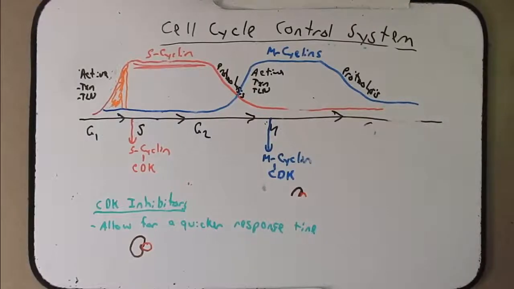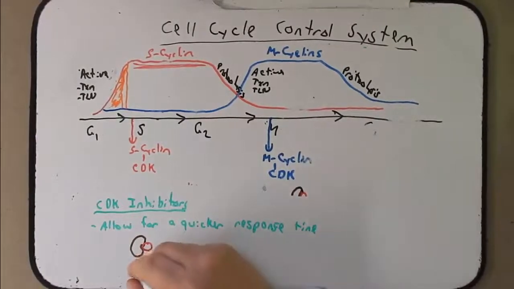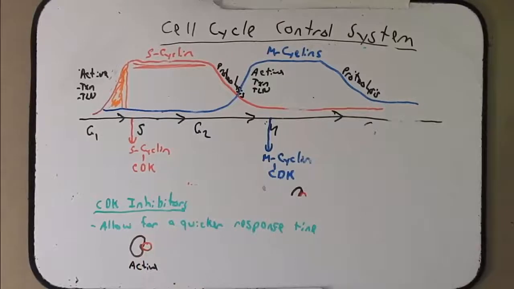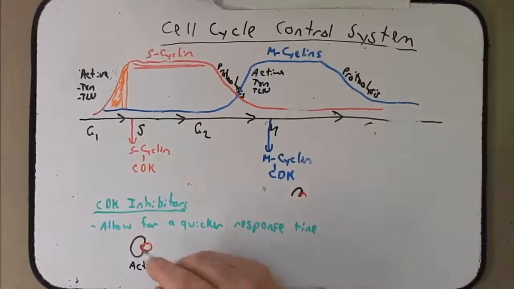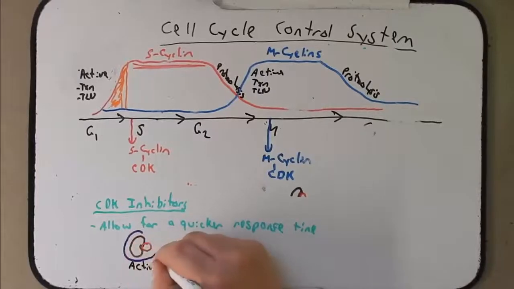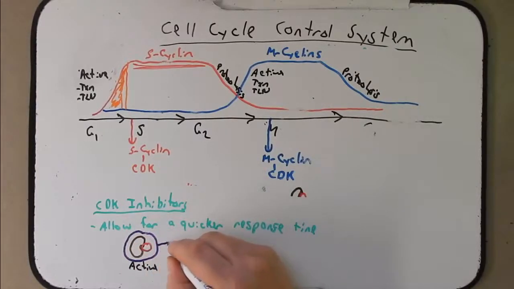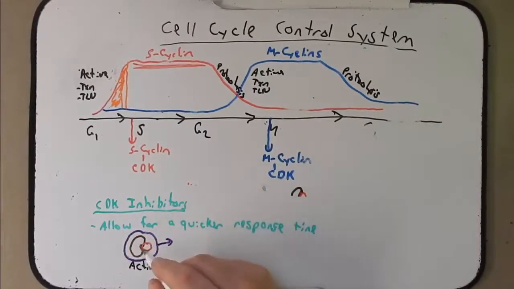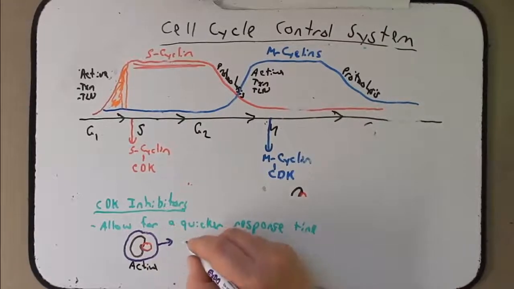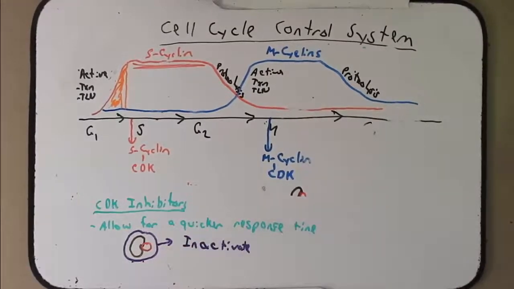And so, as written here, this should be active, and it would be active. But what can bind to this activated CDK-cyclin is a protein. I'm just going to circle it, like so. This protein covers the active cyclin-CDK to inactivate it. So now it's no longer active.